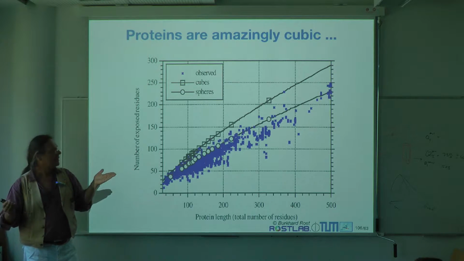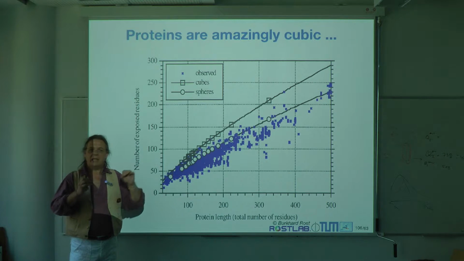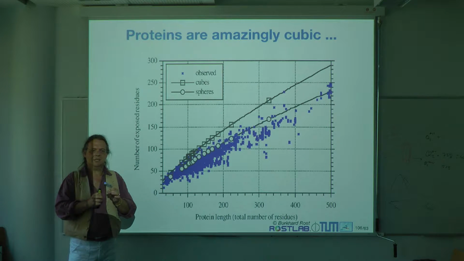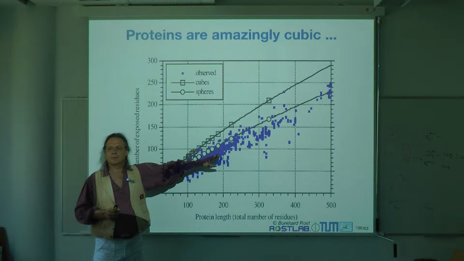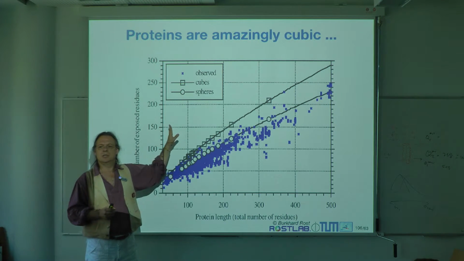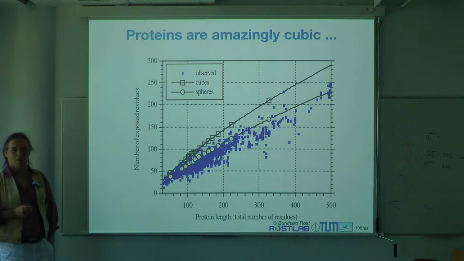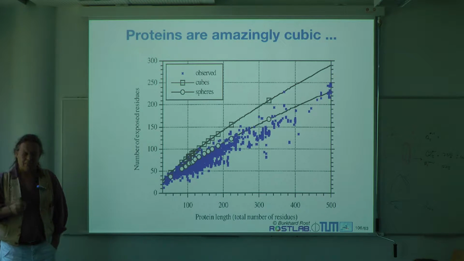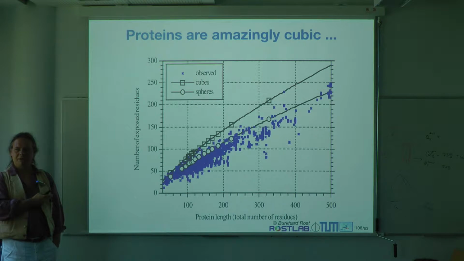It's remarkable that the model of every amino acid being the same size and proteins essentially being spheres remarkably approximates the observation of length, number of residues, versus solvent accessibility. Exposed residues, surface residues is what I show in blue. Isn't that remarkable?